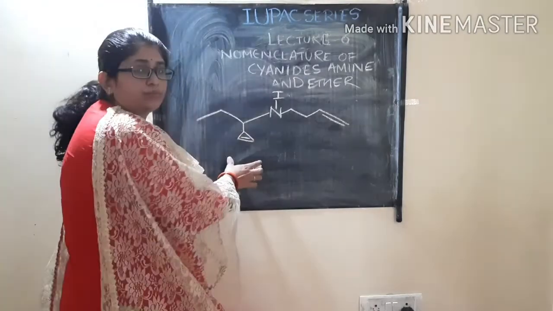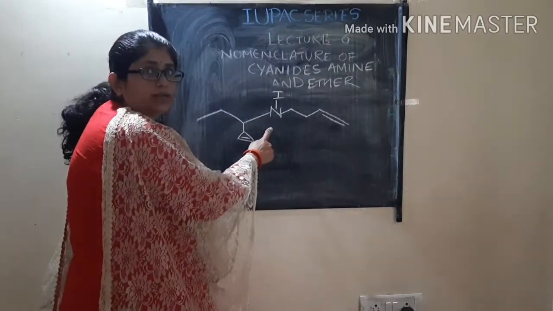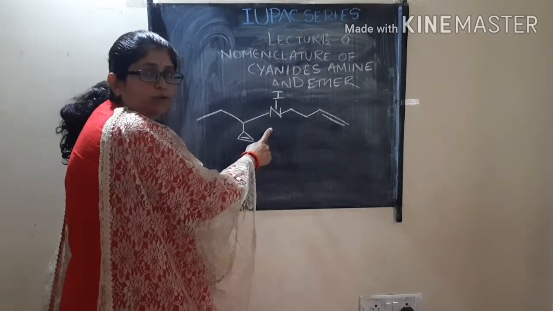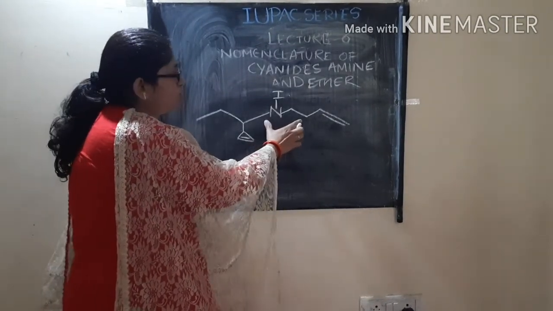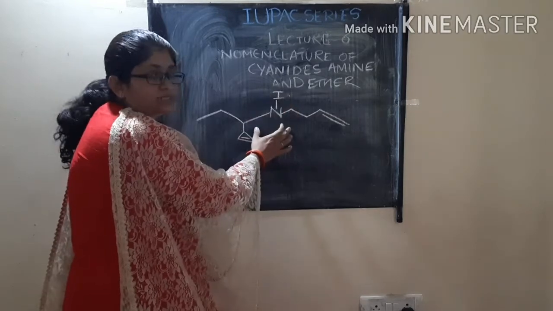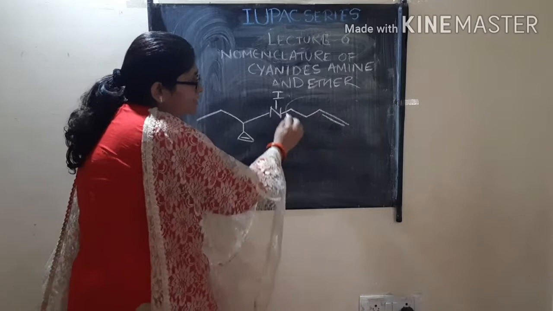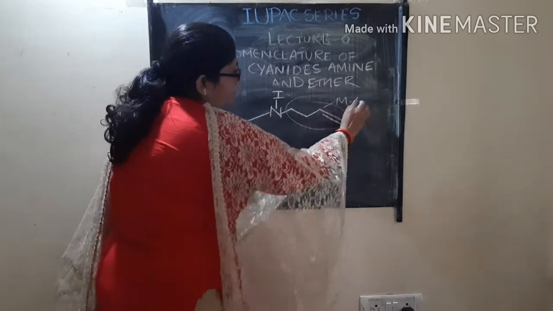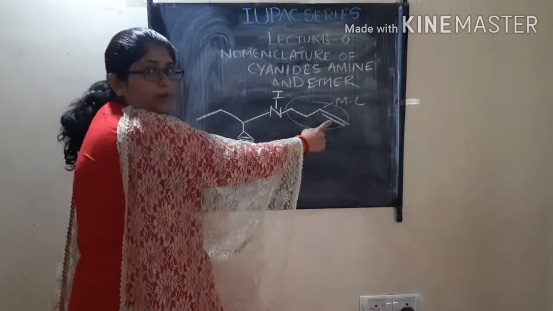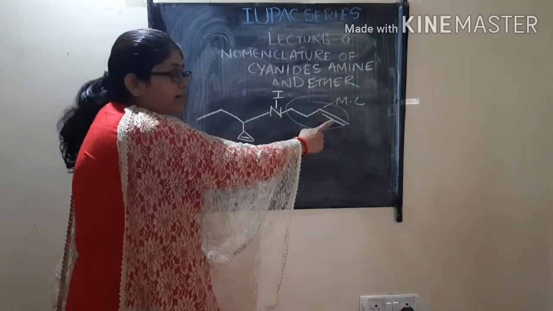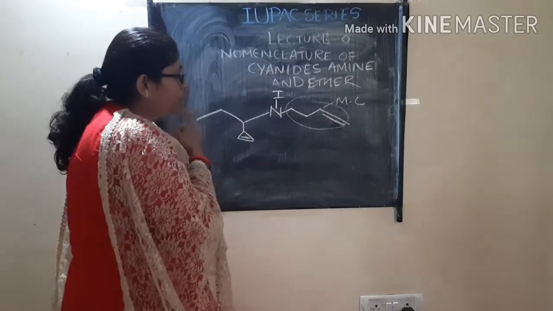Take a look at this example. It has 2 chains and one more substituent at N, so 2 substituents. This will be the main chain because it has a double bond. Then how to name it?